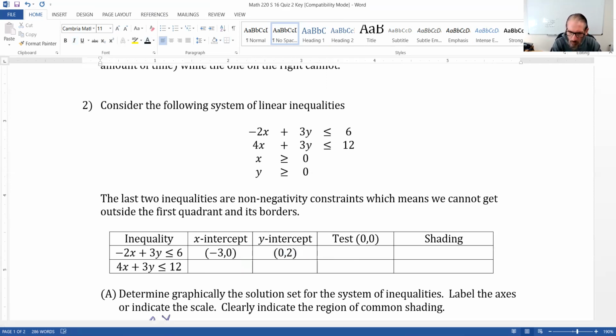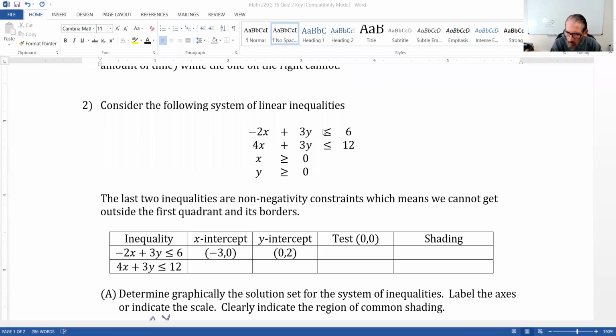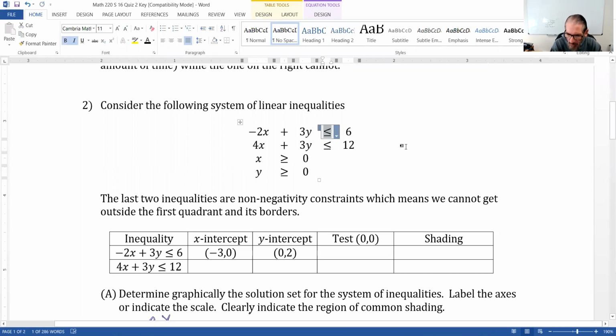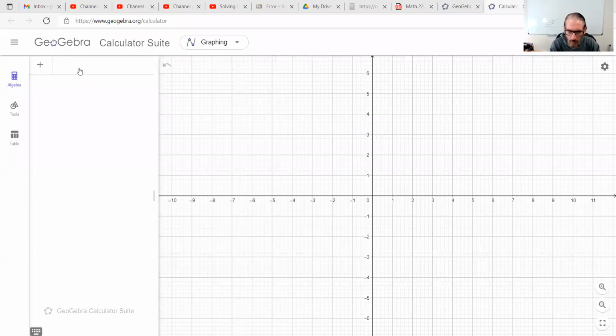And I'm going to graph that here in just a moment. Now, whether or not it's solid or dashed depends on whether or not we have an or equal to. And in this case, we do have an or equal to. So it's going to be a solid line. So I have to plot -3, 0 and 0, 2.